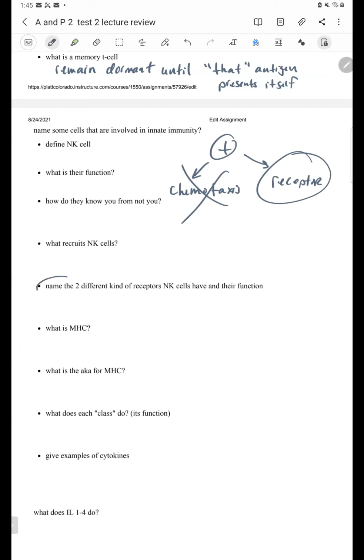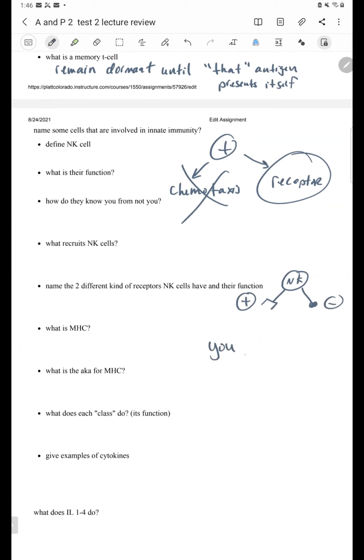Okay, and that's this one here: name the two different kinds of receptors that the natural killer cells have and their function. The natural killer cell has an activating receptor and an inhibiting receptor.